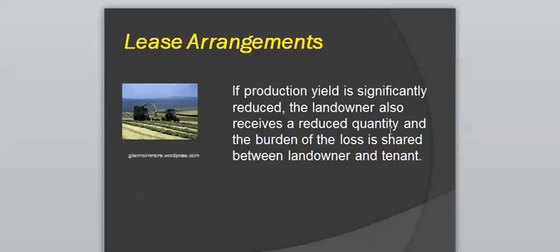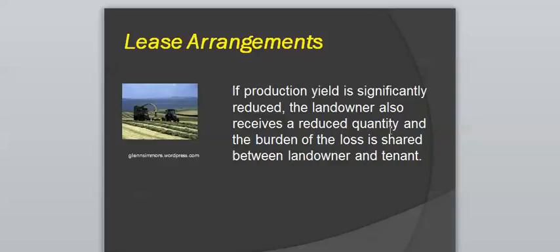Because of the competition for land, most land renters are willing to take on more risk just so they can get the landowner to rent them the land. So a crop share or share lease is something that is not as common as it used to be, but certainly does spread out risk for the tenant.